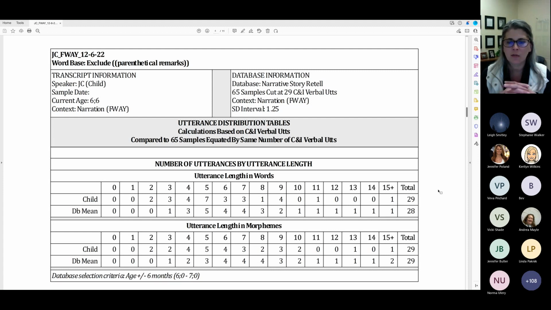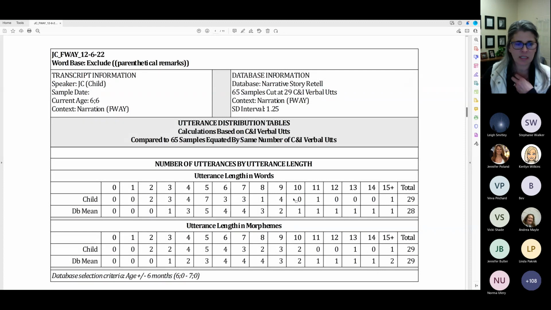And so what we see with kids with disorders is that they don't have that flexibility, and you kind of see that here with this particular client. So the number of utterances that they had that were 2 words, 3 words, 4 words, you can see that the vast majority of his are fewer when we start to get up in the higher morphemes. This tells you they have a restricted syntactic system to some extent.